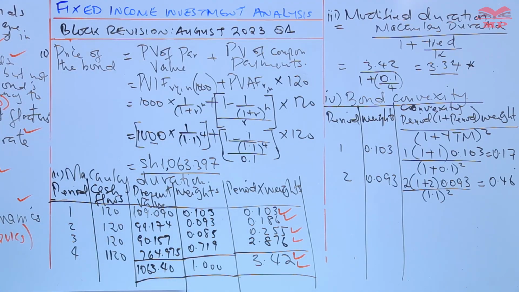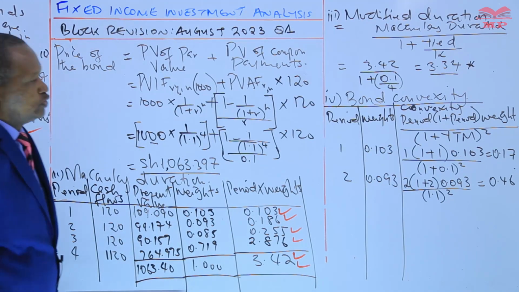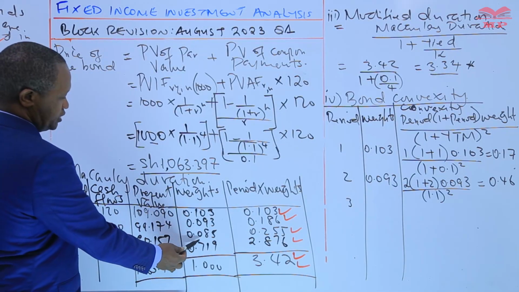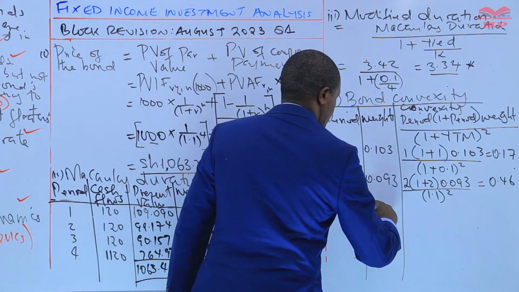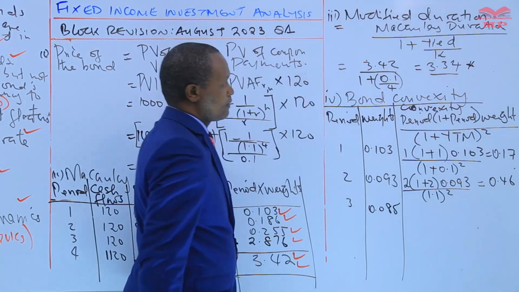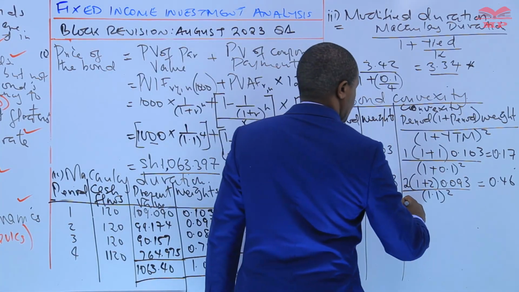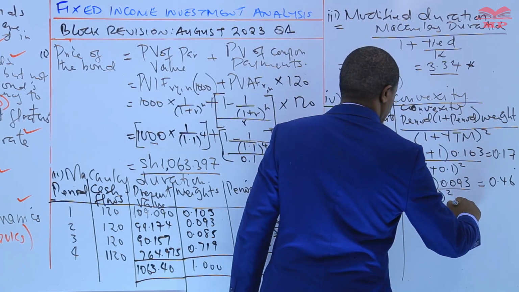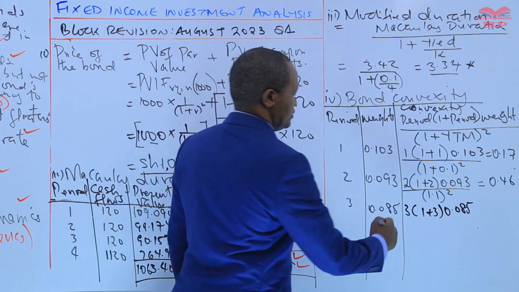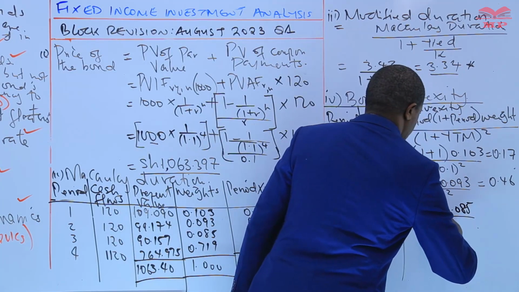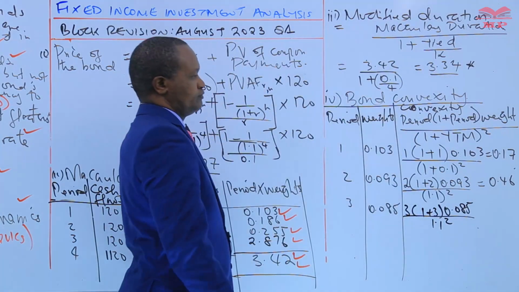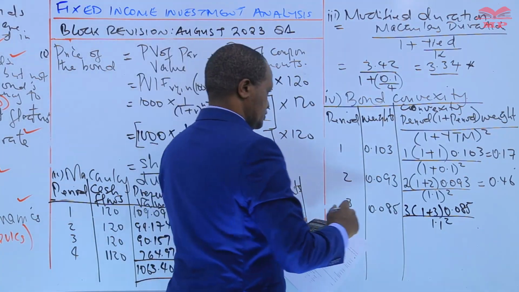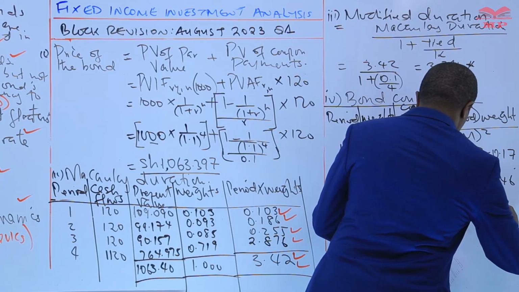That is period 2. Period 3, weight 0.085. Convexity is 3 into 1 plus 3 times 0.085, divide by 1.1 squared. It's equal to 0.84.